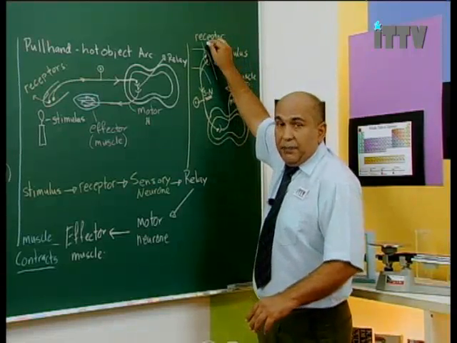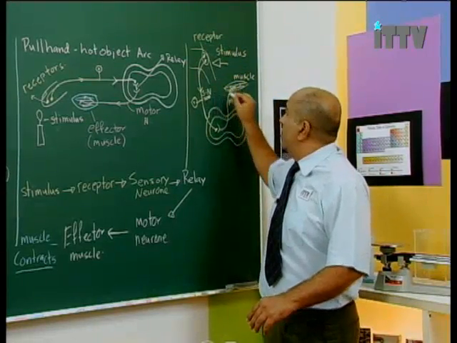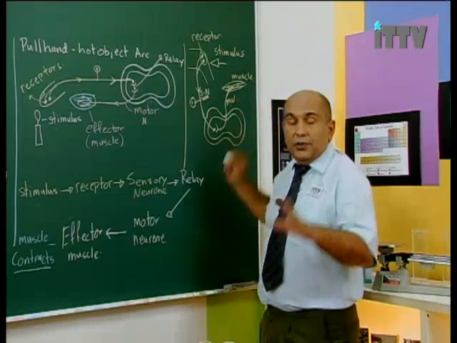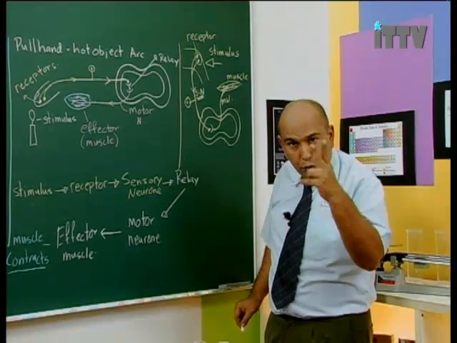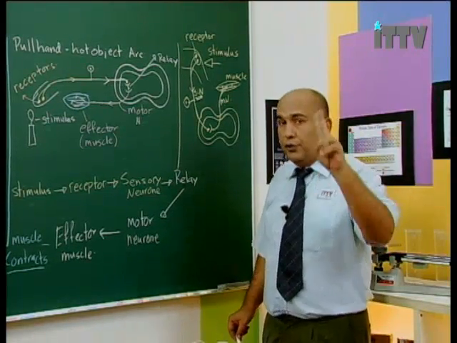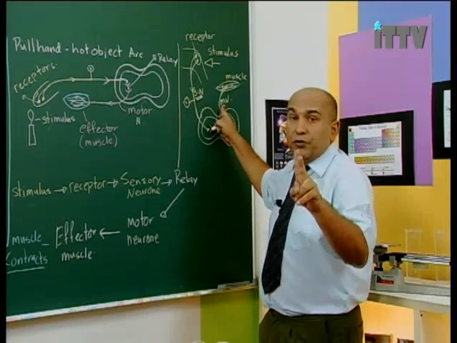Stimulus, receptor, sensory neuron, motor neuron, muscle. So notice there are only two neurons, the sensory neuron and motor neuron.